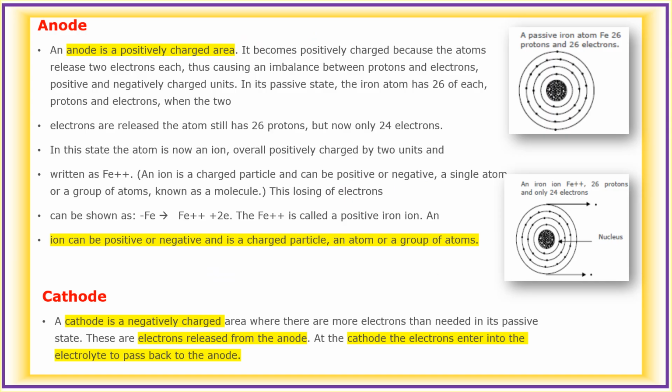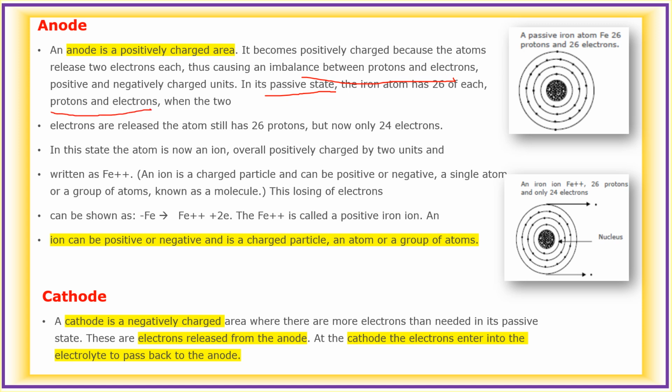Anode. An anode is positively charged. It becomes positively charged because the atoms release two electrons each, causing an imbalance between proton and electron, positive and negative charged units. In a passive state, the iron atom has 26 each of protons and electrons.